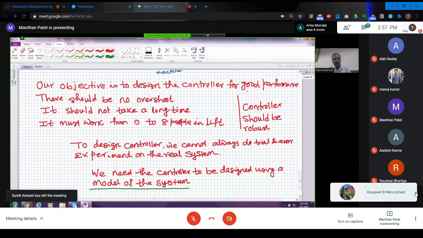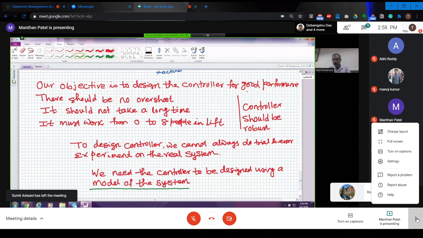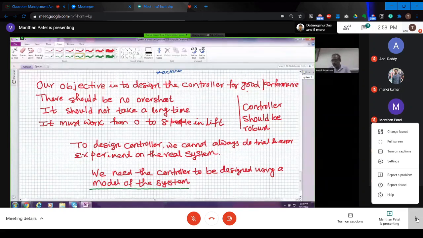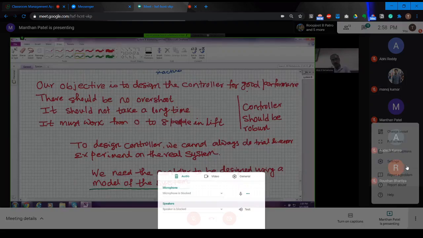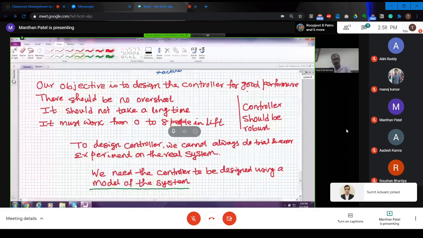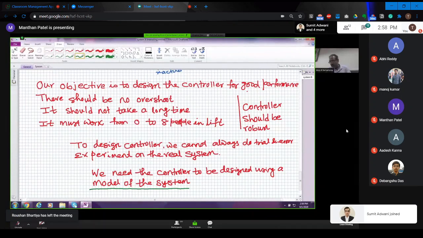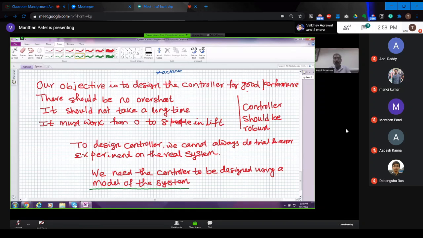For example, let's say you have a controller that will shut down the plant in case of a leakage. Let's say something like Bhopal gas tragedy that happened, some leakage happened. Suppose there were a controller which will shut down the plant. Then you cannot really do an experiment and allow gas to leak out and then check whether the controller is working or not. You have to simulate it. Likewise, if you look at today's world, even Indian context, we do not again and again carry out nuclear explosions.